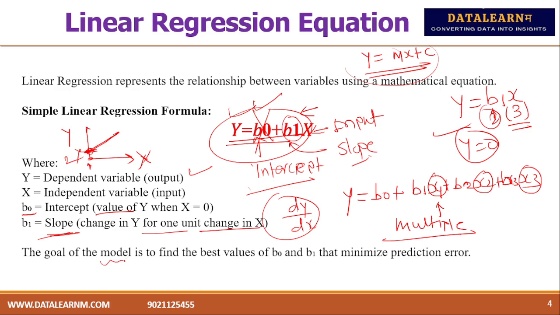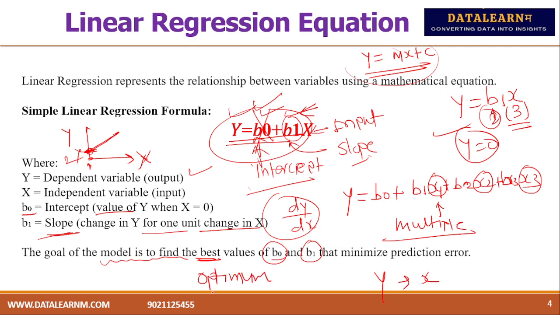What is the goal of the model? It is to find the best values of b1 and b0 to minimize the prediction error. The relationship between y and x is defined with these two coefficients, b0 and b1, so they should be the best values. I am talking about best values, not minimum or maximum. Best means optimum values.